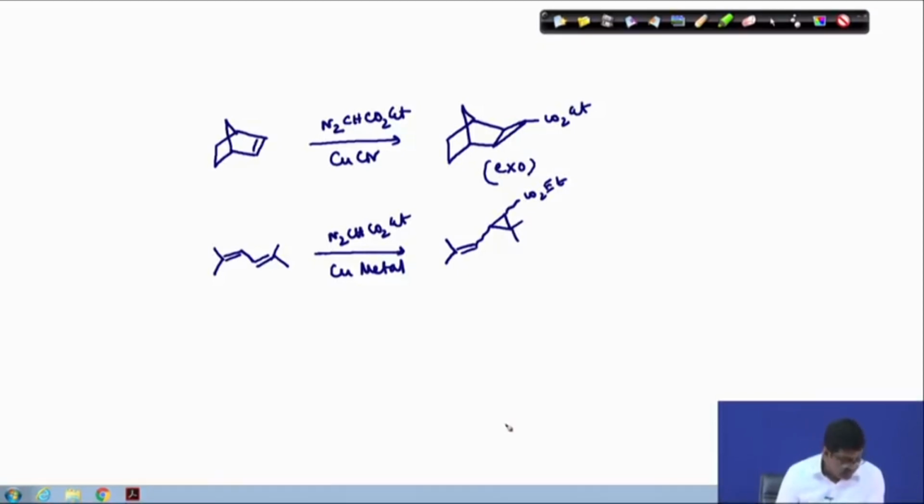Interestingly, here the diene is more nucleophilic than its monoolefin. So, what happens is that the diene can readily attack, and after formation of one cyclopropane ring the reaction stops. In this way you can actually control the monocyclopropanation.